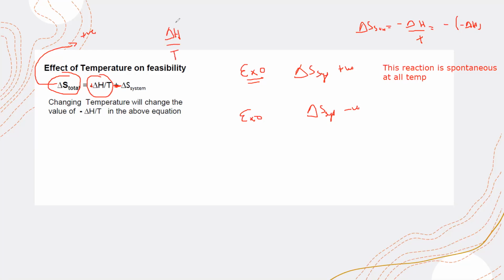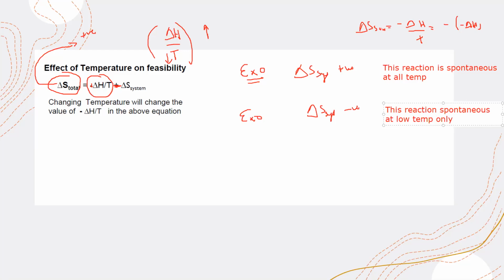If I need a greater value of this whole fraction, then what should I do? I should decrease the temperature. So when I decrease the temperature, smaller denominator, this ratio will be higher. So this reaction will be spontaneous at low temperature, meaning when the temperature is low, this reaction will be spontaneous.